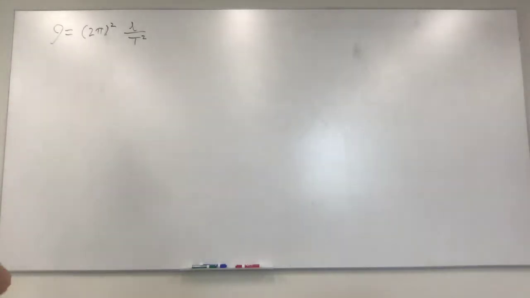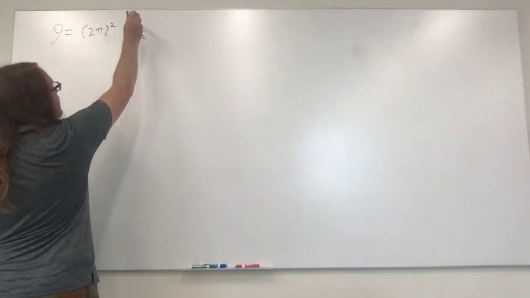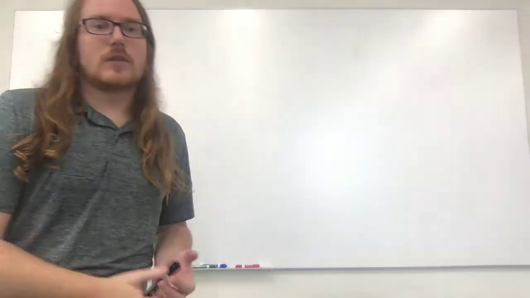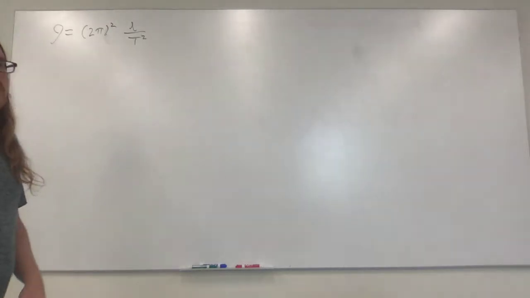So what we want to know is we're going to have an uncertainty in our length and our period, and we want to know how that affects the uncertainty in our calculated quantity g.